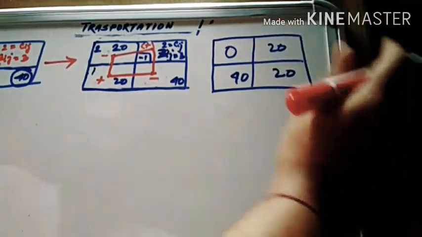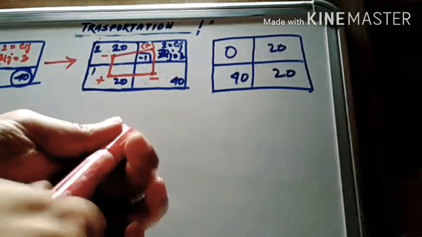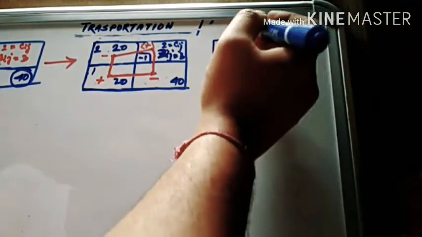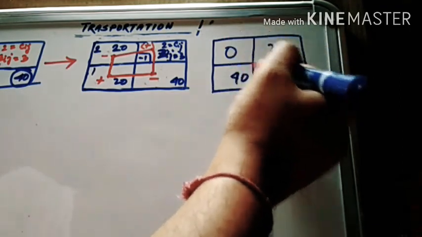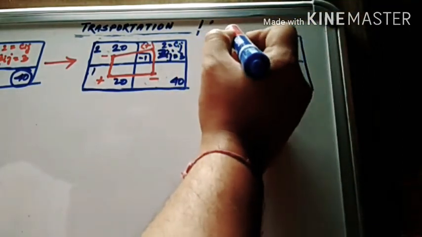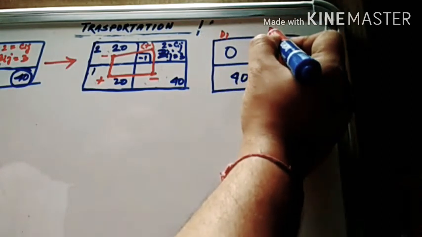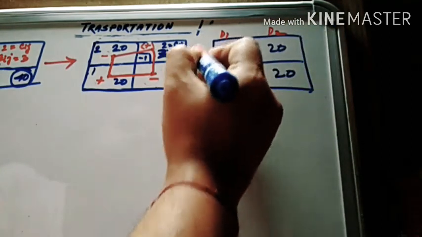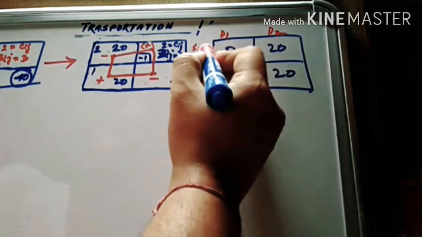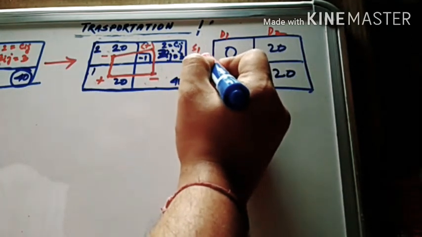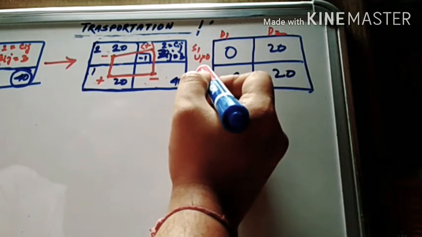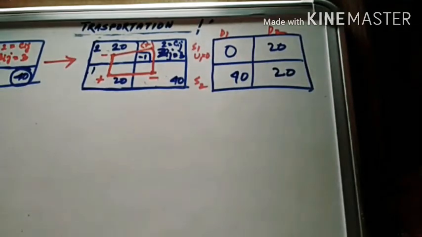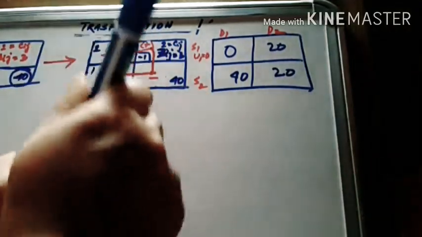Now you again have to calculate the U1, V1 values, and check whether they come negative, positive or constant, and accordingly we will declare whether it is optimal or not optimal. Let us write the cell numbers. This is D1, this is D2, this is S1, this is S2. For this one we have already U1 equal to 0.